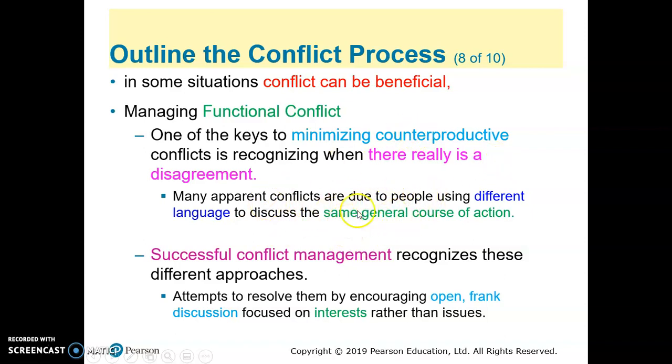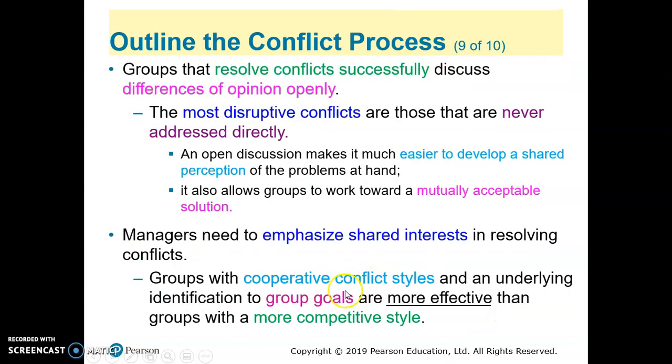Then resolve it by encouraging employees to discuss the problem openly and frankly, focusing more on the interest rather than on the issue. The conflict that leads to solving the problems is considered functional.